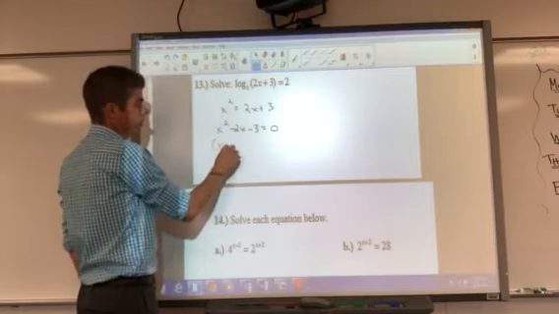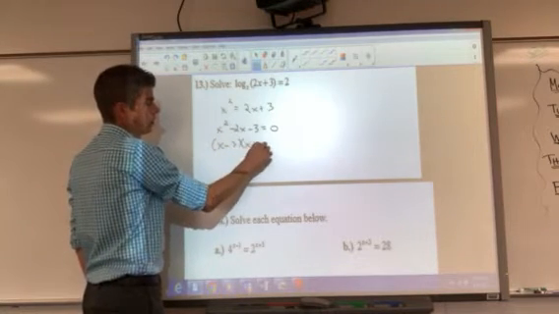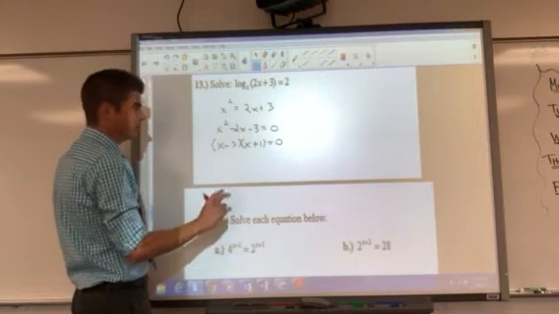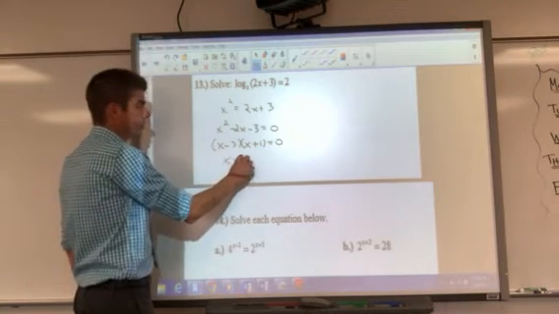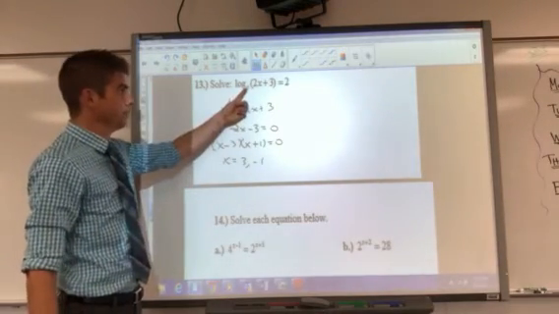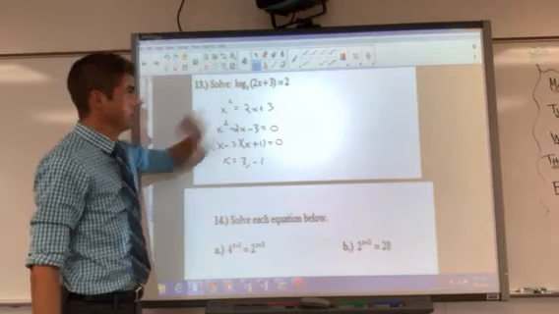So then I factor. Should have given you guys completing the square problems. And so that is x minus 3, x plus 1. So x is equal to 3 or negative 1. And again, a negative 1 as a base doesn't make sense, even though it works there.